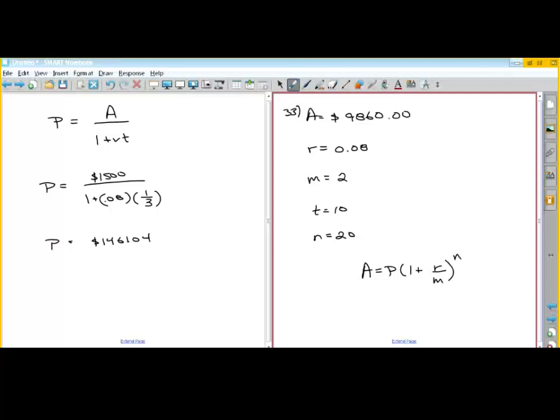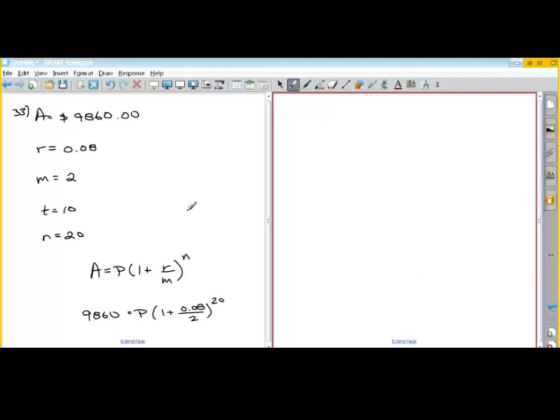So we could do it algebraically, but actually it's probably easier just to plug the numbers in and then do it from there. So you get 9,860 is equal to P, which we don't know, times 1 plus the rate, which is 0.08 divided by 2 semi-annually, raised to the 20th power.